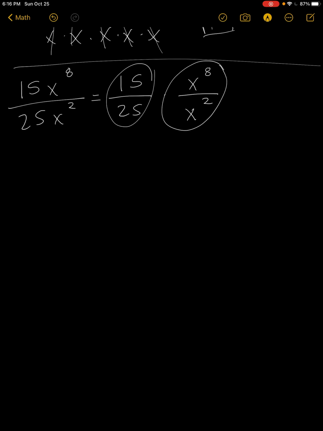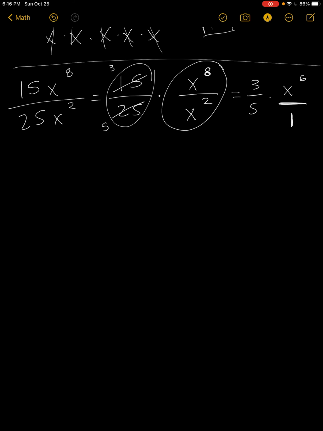Right, and I'm just going to focus on simplifying this one first, and then I'll simplify that, and I'll multiply them back together. Okay, so 15 over 25, both of them have common factors of 5. Right, if I divide out 5, I get 3. Divide out 5, I get 5. Okay, and then x to the 8 over x squared becomes, if I do 8 minus 2, x to the 6th power. Right, so I get 3/5 times x to the 6th.